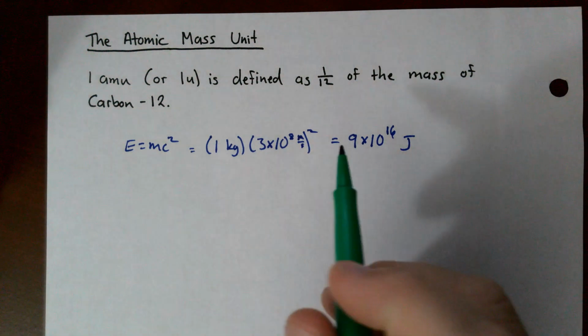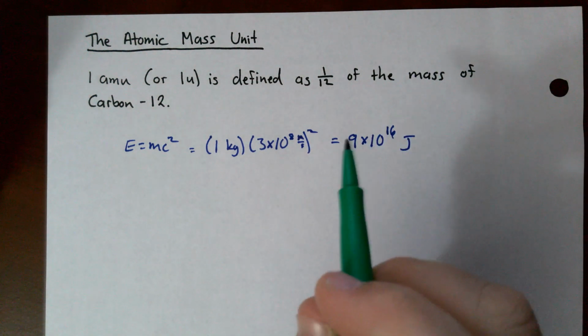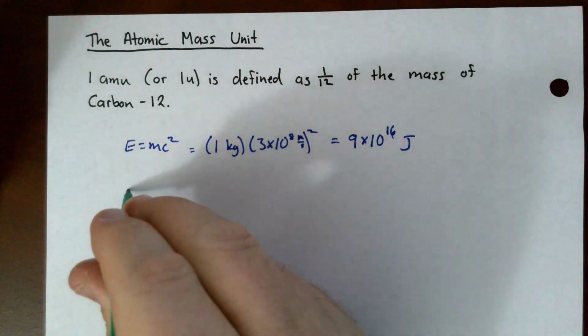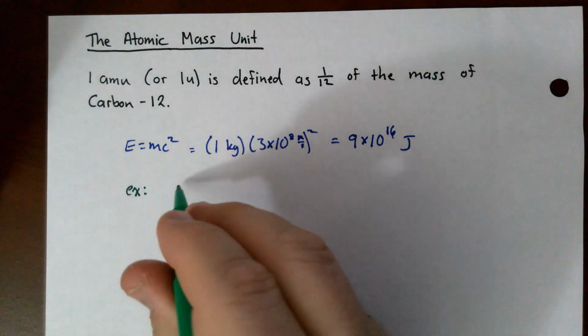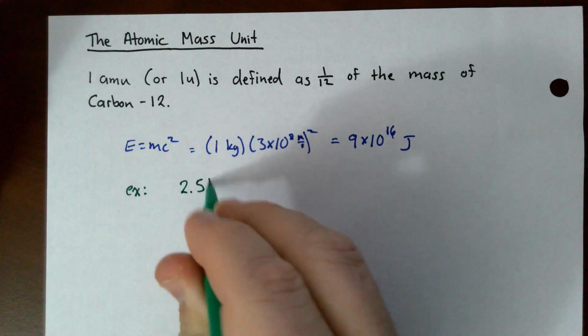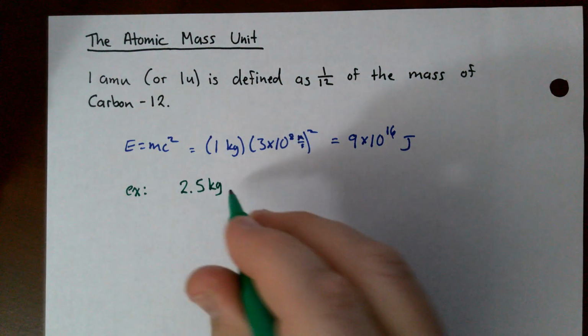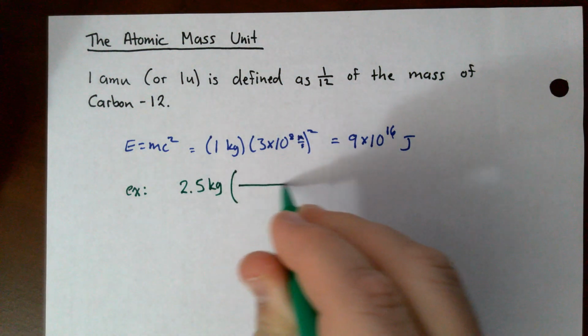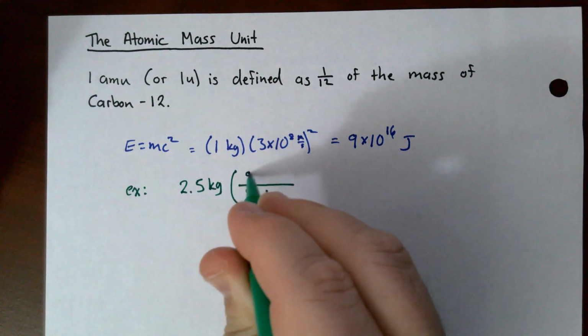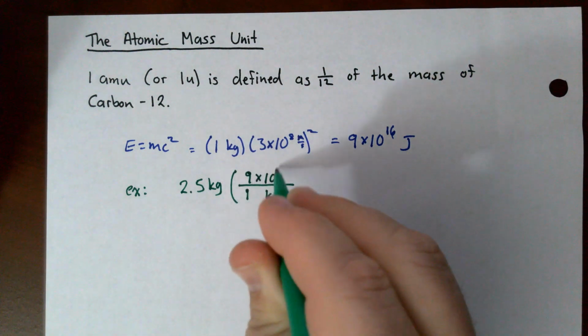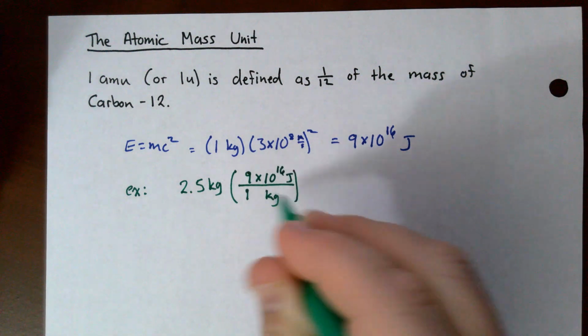And so you could almost use that number as a conversion factor. So for example, if we were going to convert in a nuclear reaction 2.5 kilograms of mass to energy, I could just go, for every 1 kilogram, I would get out 9 times 10 to the 16th joules.